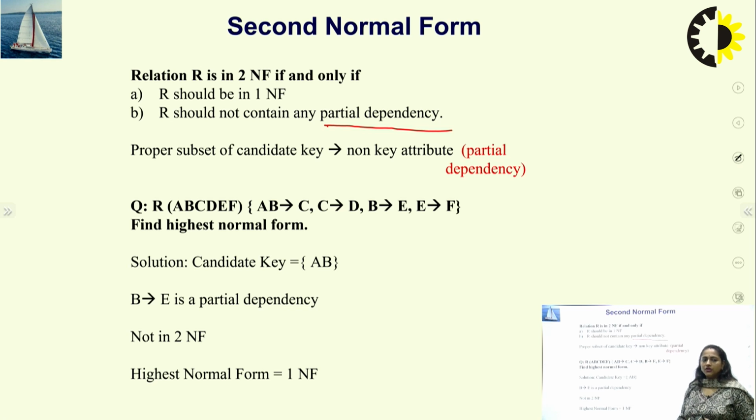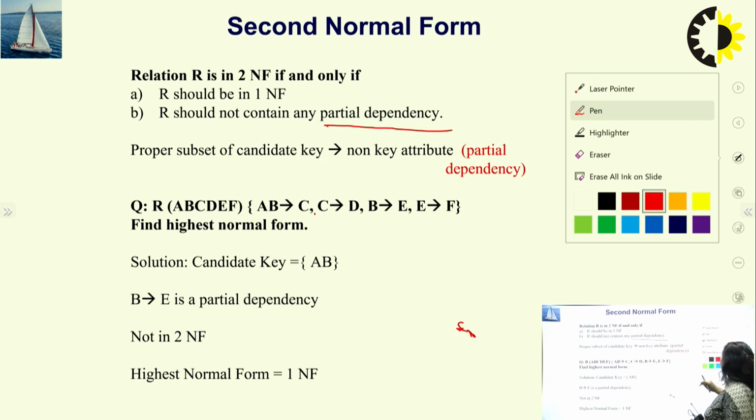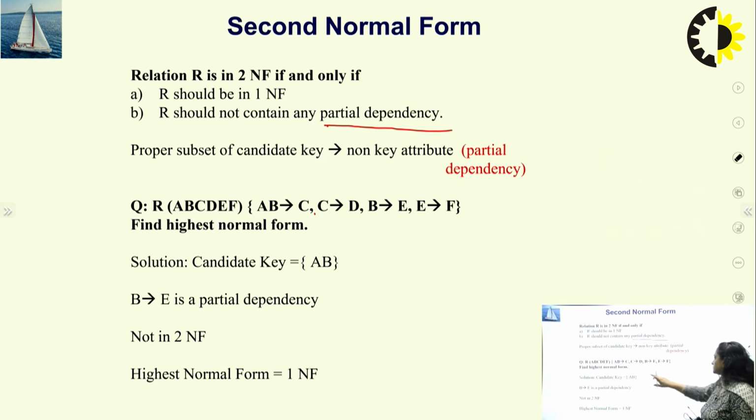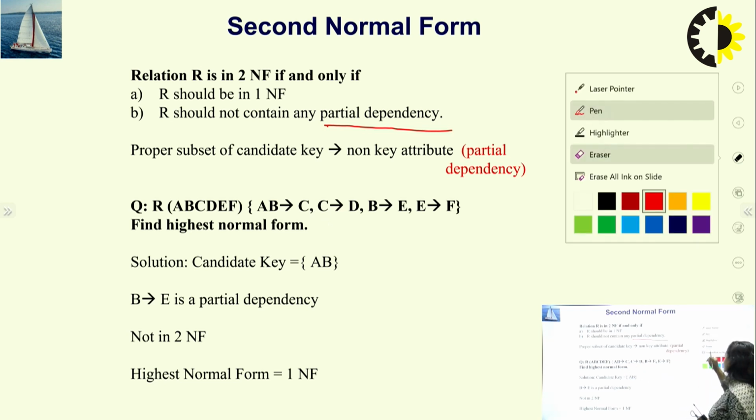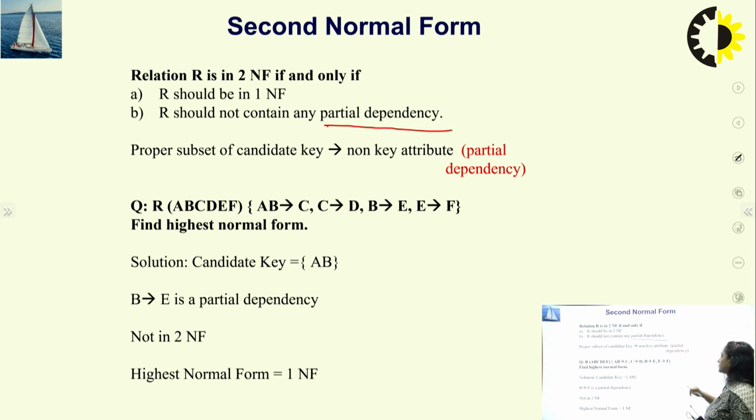The functional dependencies given are AB implies C, C implies D, B implies E, E implies F, and we need to find the highest normal form. For this kind of question, first we need to find out the candidate key, or the closure of the set.